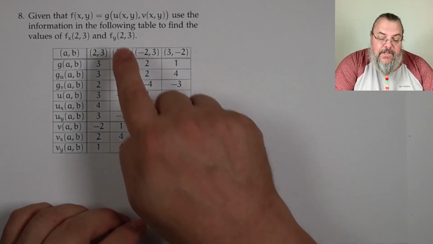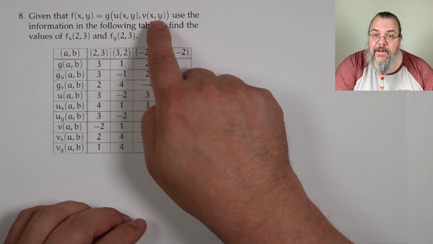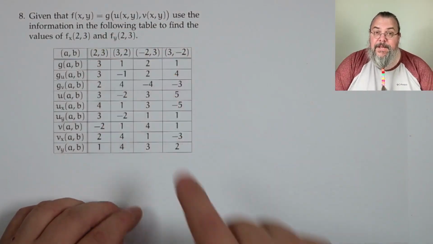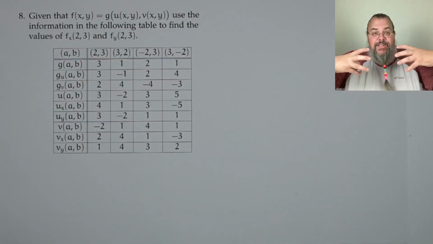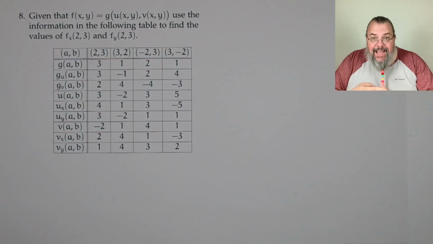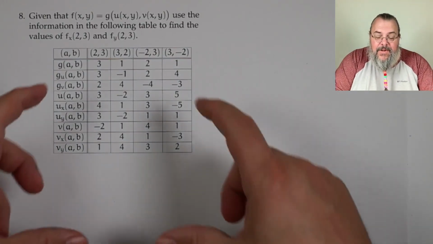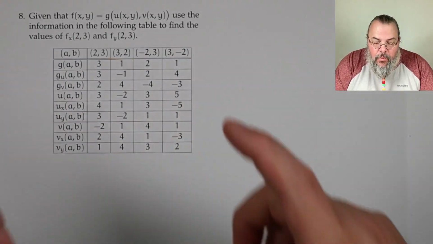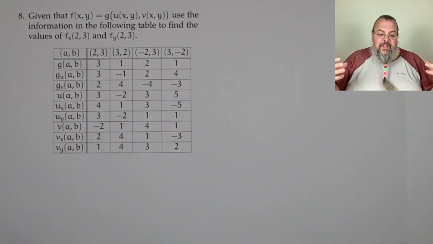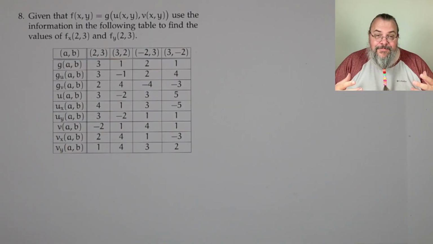You see, we have u, which is a function of x and y, and v is a function of x and y. But in turn, g is a function of u and v. And so this says, okay, you have to know how the chain rule operates, and then you have to say which parts of the table do you need. They're giving you way more information than you possibly need. So this is saying, do you understand what you need to use?